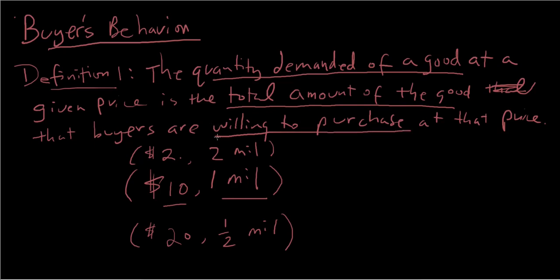This is important: willingness to purchase at a given price. Obviously, the buyer's willingness to purchase changes with the price. That's why quantity demanded of a good is meaningful at a given price. Fix the price and count all the units that the buyers are willing to purchase at that particular price. So that's the definition of the quantity demanded of a good.